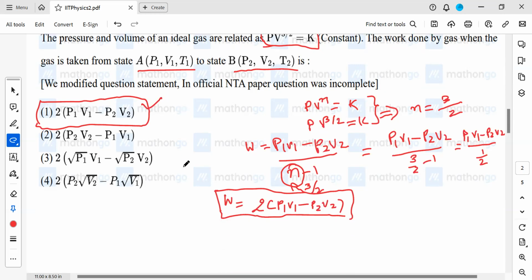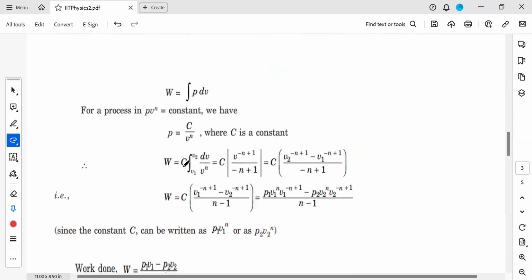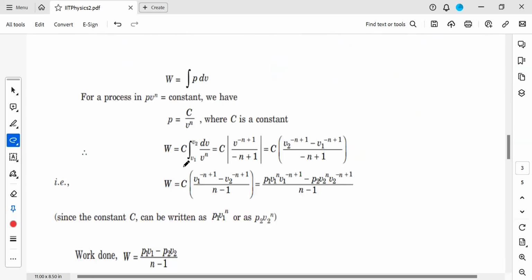Now let us understand how the work done is derived. If you don't remember the formula, we can derive it. Work done in any process is given by W equal to the integral of PdV.